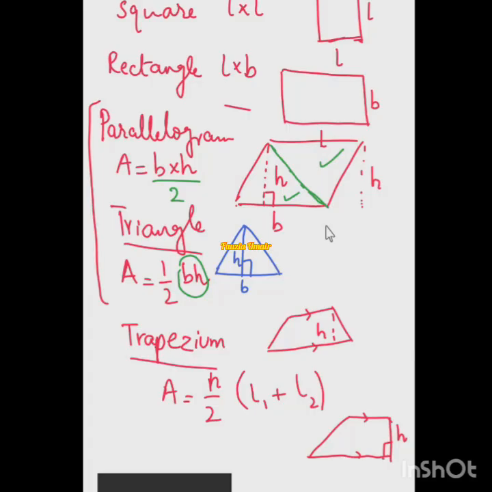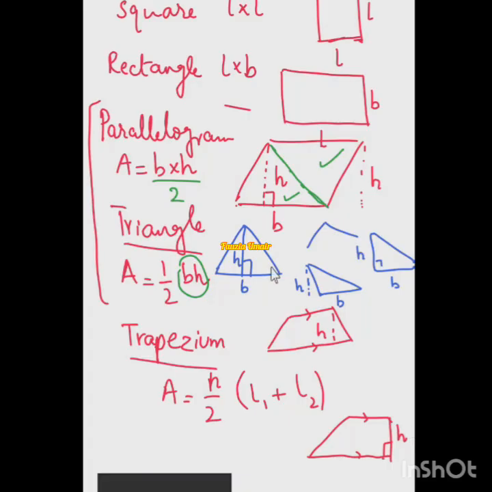Sometimes, like in this kind of scalene triangle, can you see? The height will be outside the triangle. This is height and this is base. And the third type is when it is a right angle triangle, then the height will become a side of the triangle, right?